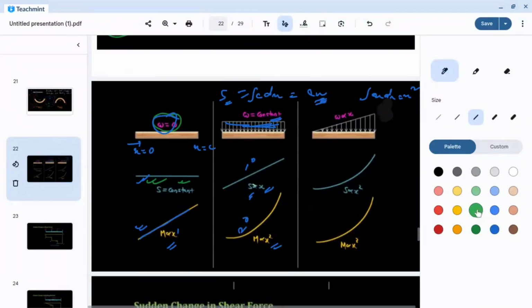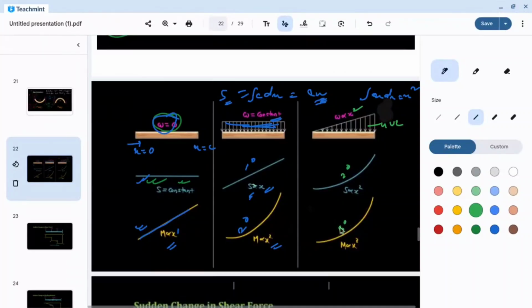When the load is UVL, with respect to x, integrate, so it becomes x square. So shear force is a function of x square, so it is 2 degree. Again, if you integrate this one, this is 3 degree.